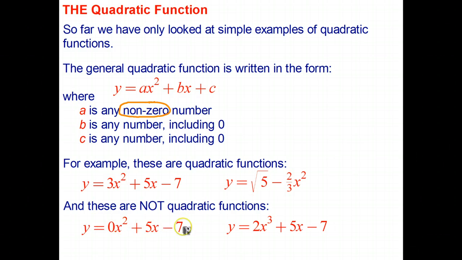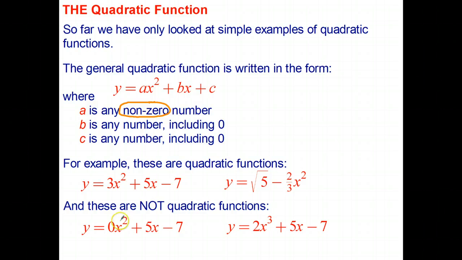Okay, have a look at this equation down here. This one looks a little bit like a quadratic, but in fact it's not a quadratic. So have a look at it and tell me why you think it's not a quadratic. If you go up to this rule just here, a is any non-zero number. In this case, a is equal to 0.